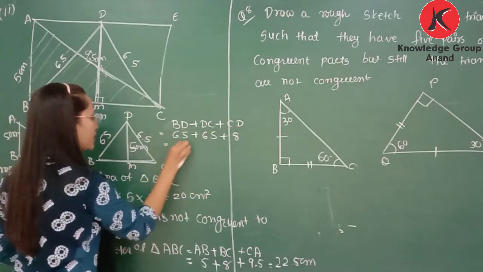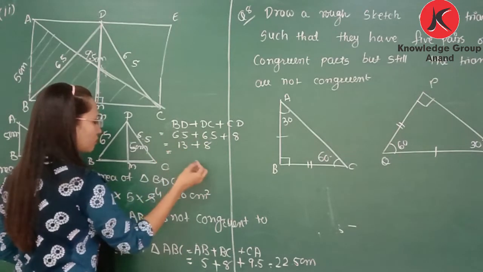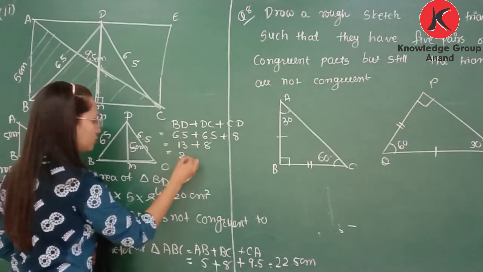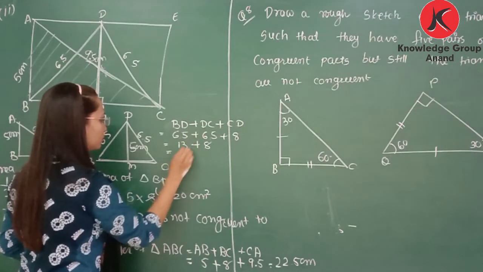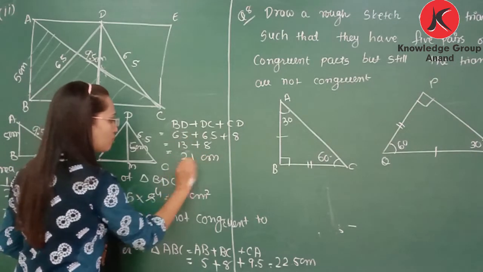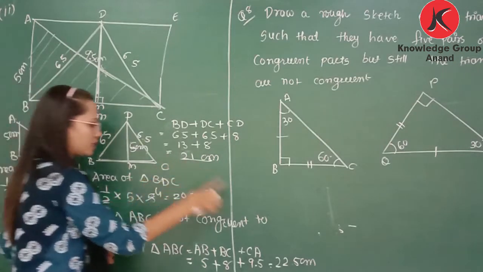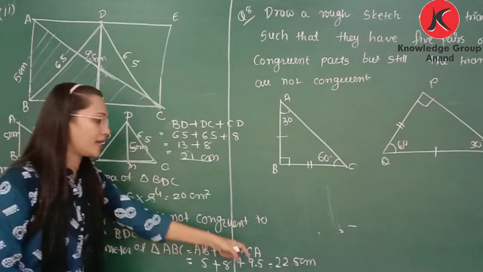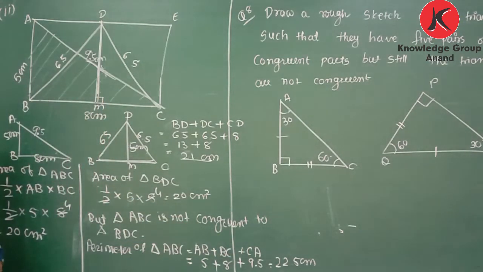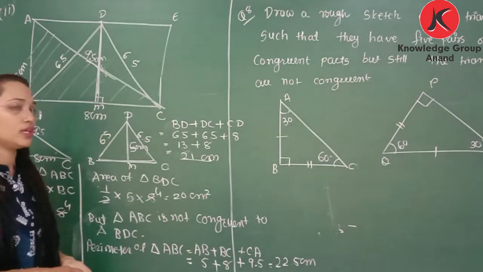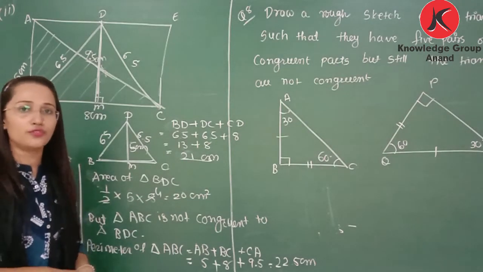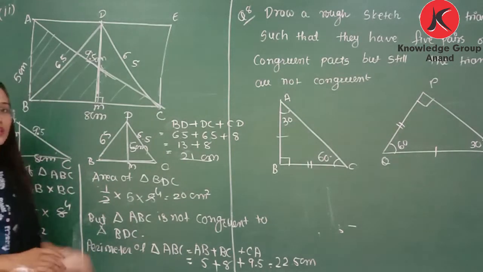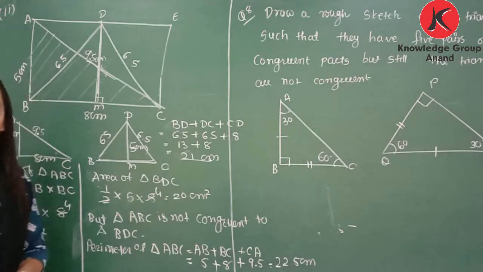So it is 13 plus 8, which is 21 centimeter. Now you can see here the perimeter is 21 centimeter and here the perimeter is different. It means if two triangles have equal area but they are not congruent, then the perimeters are not equal. Clear?